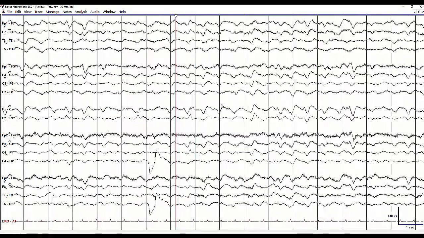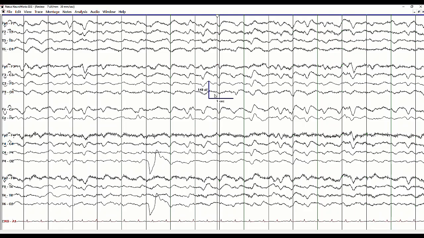The frequency of these GPDs appears to be around 1 hertz, a little bit faster than 1 hertz. If it was 1 hertz, then you would see a discharge as you have here, but then the preceding one would align over this green vertical line, because the distance from one green vertical line to another, or the major grid line, is 1 second.